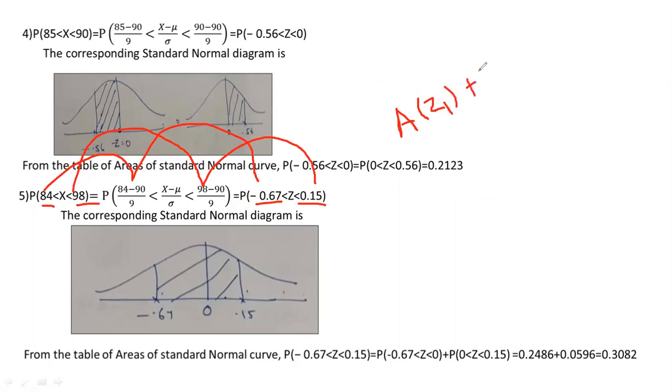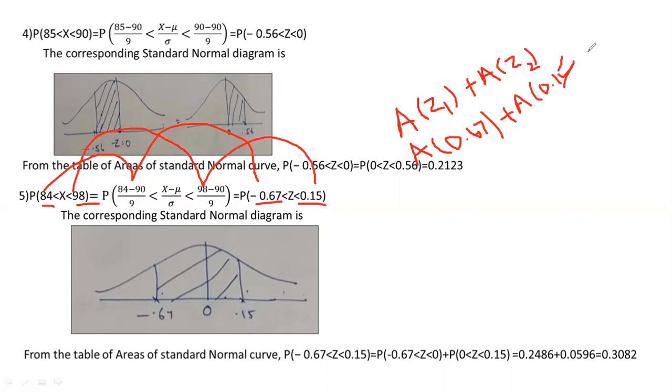So here A of z1 is 0.67, and A of z2 is 0.15. So for 0.67 we have to take the respective value, A of 0.67, and A of z2 is on the right side, which is 0.15. These two values we have to take from the table.